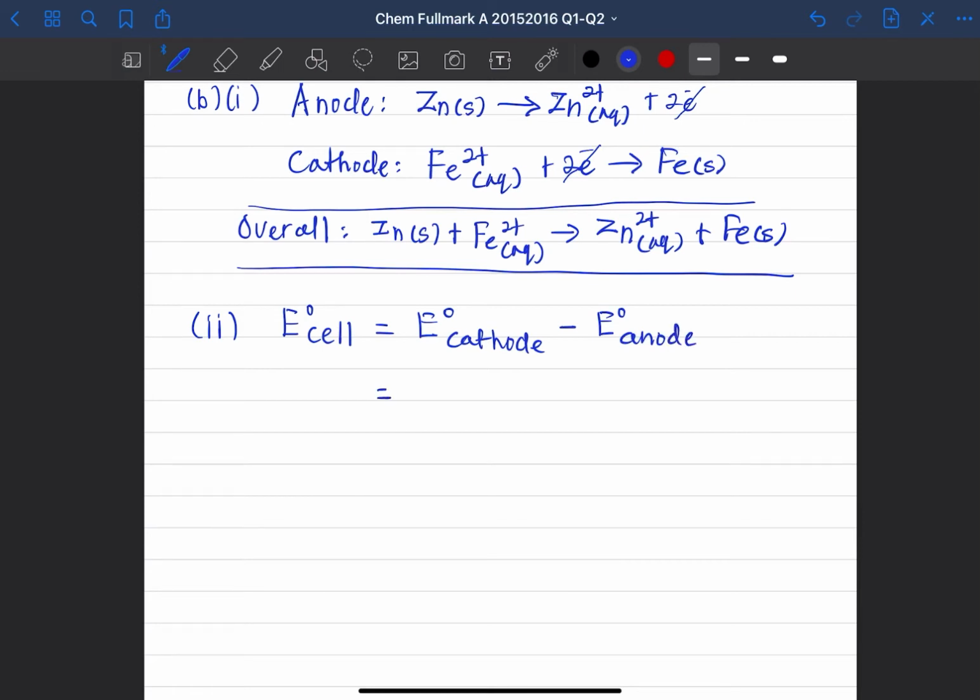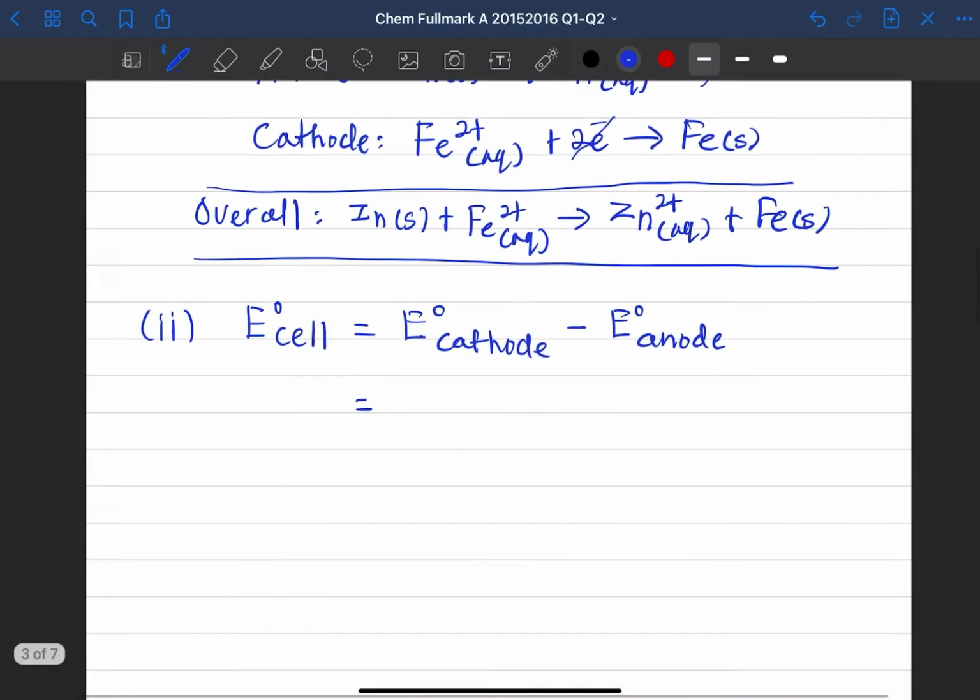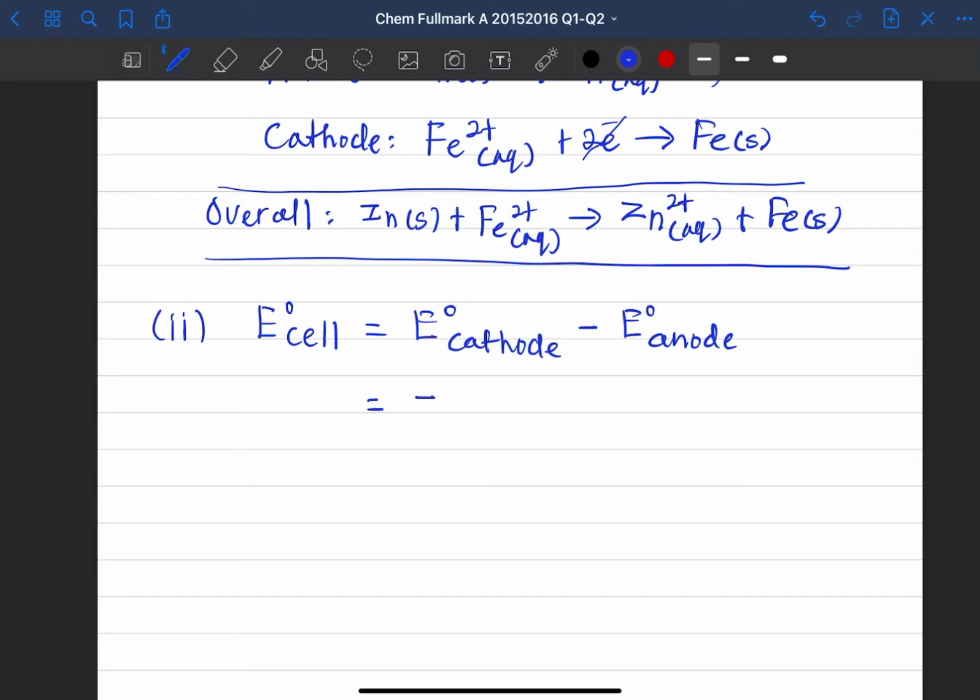E naught cathode is negative 0.44, minus E naught anode, negative 0.76. So you can total this up, and you will have positive 0.32 volt. So this is E naught cell.